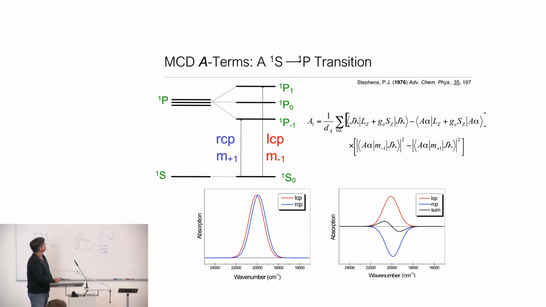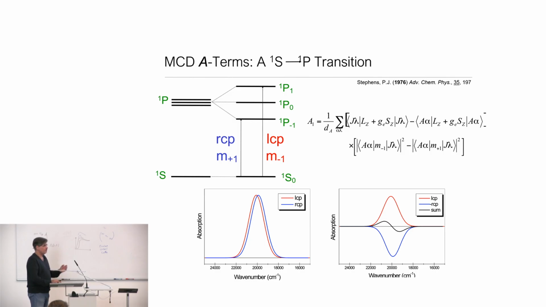Yeah? And so it happens that the RCP transition is allowed to the P minus 1 state, and the LCP is allowed to the P plus 1 state. And as you can see, that means they occur at slightly different energies.